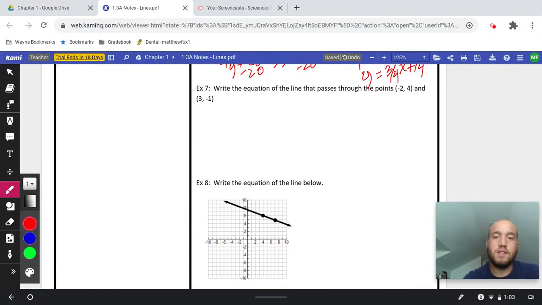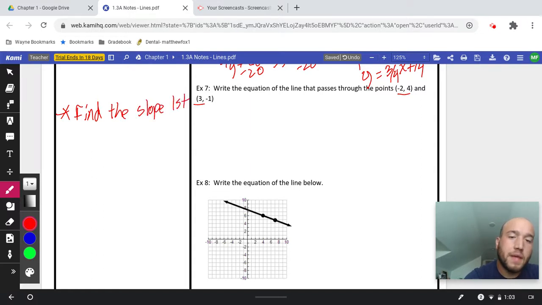This next one says write the equation of a line that passes through the point -2, 4, and 3, -1. So in this case, we need to first find the slope. So find the slope first. And then once we have the slope, we can use point slope and use either of those points.